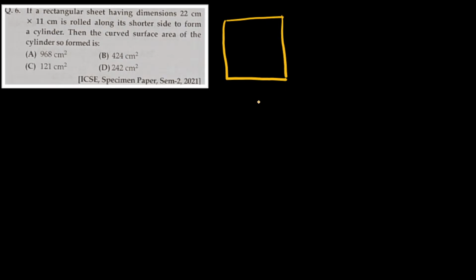Dimensions means length and breadth. So it is 22 by 11 centimeter. This is a rectangular sheet of paper and it is rolled along its shorter side. So like this it is rolled.